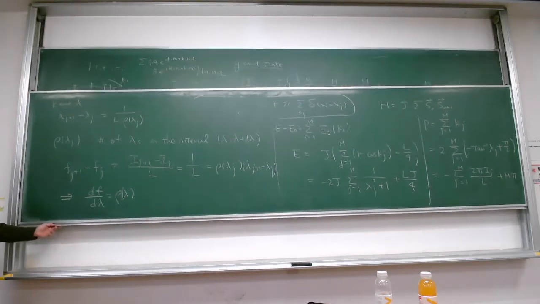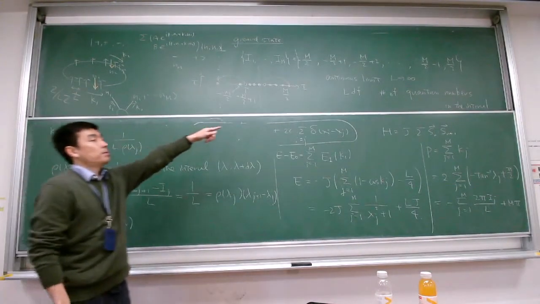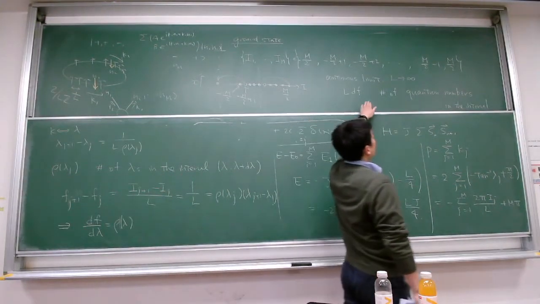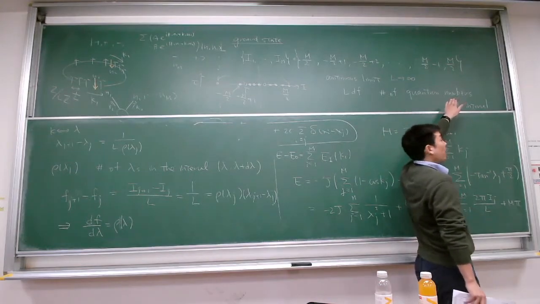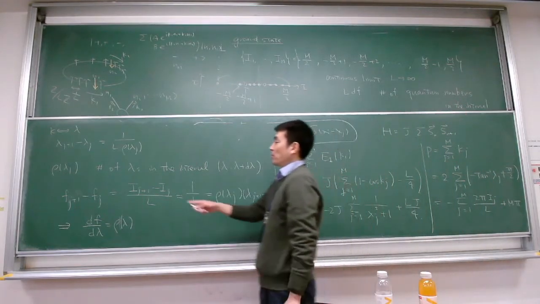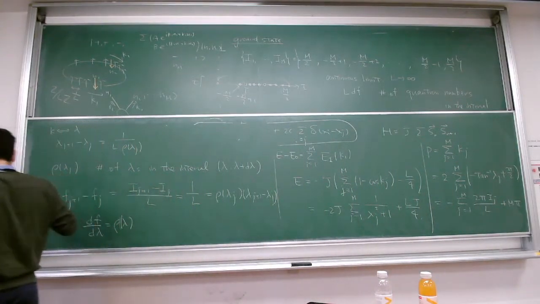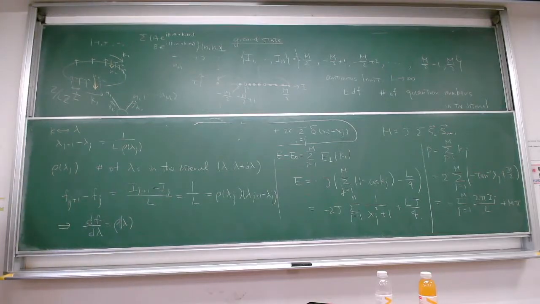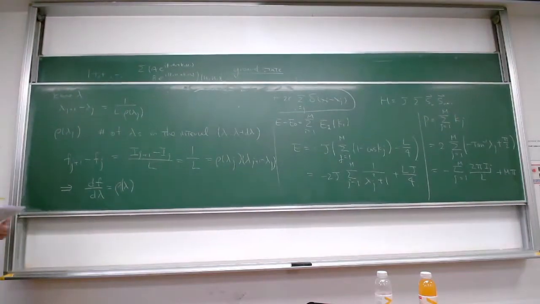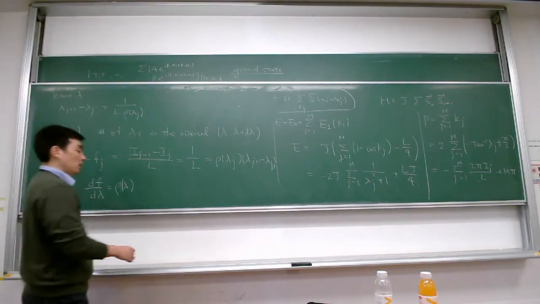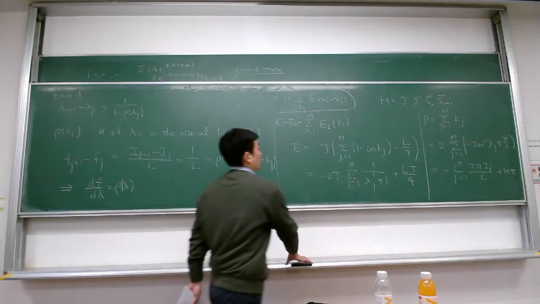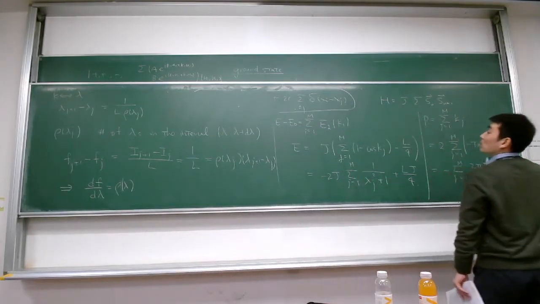Essentially, f is the density of the quantum number I, and its derivative gives you the density of momentum lambda. That's what you get. So therefore, if you have an observable in momentum space, let me erase here.